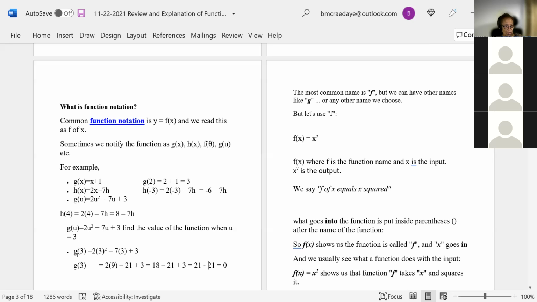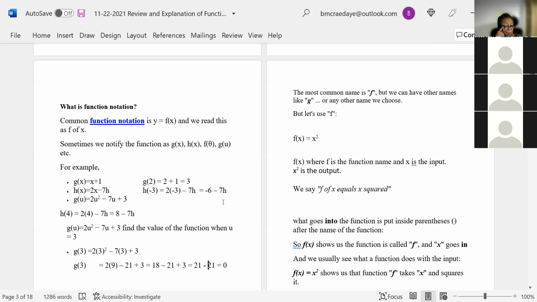Or if you say g of 3, u appears here as u squared, appears here as u. So you put that 3 wherever you see that u. It's a substitution, which we've been doing, except we didn't call it a function.